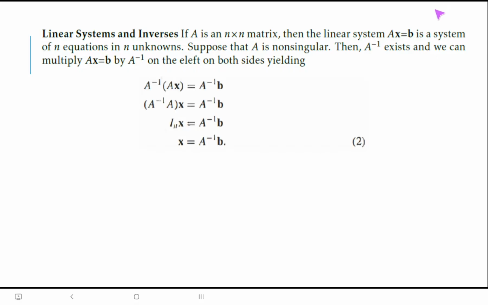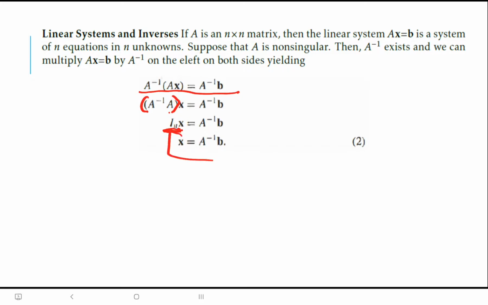Okay, so minultiply natin siya ng A inverse sa left side. Okay, since matrix multiplication is associative, pwede nating pagsamahin siya dito. Okay, and A inverse times A is just equal to the identity matrix. And anything multiplied to the identity matrix will be the matrix itself.